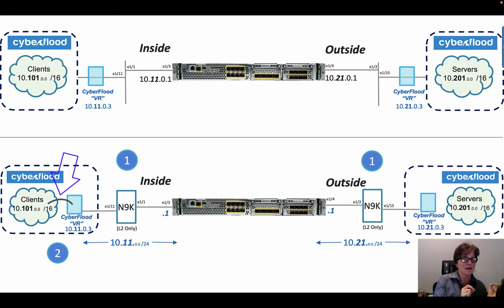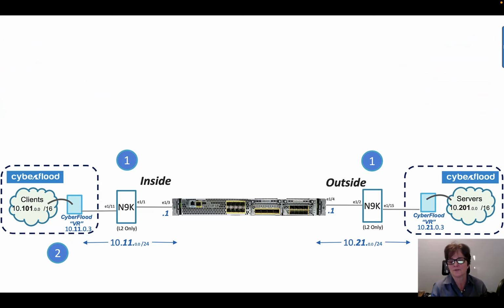If you connect the clients to the wrong virtual router, you will also have an issue, similarly to if you didn't cable it to the right thing. So that's over here on this side, and we also of course have the same thing over on the side with the server. So that is one thing you have to pay attention to, is that you took your clients and your servers and you connected them to the virtual routers that are for them. And what I mean by for them, they have the static routes in there, etc., to get to the other side.